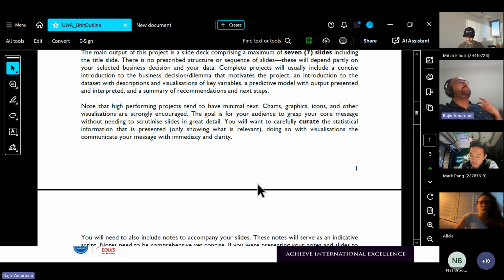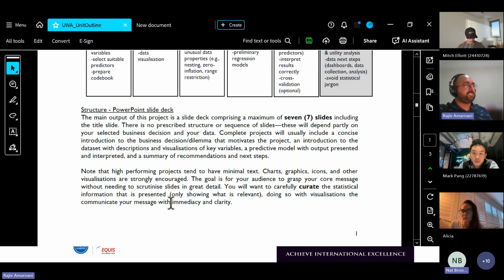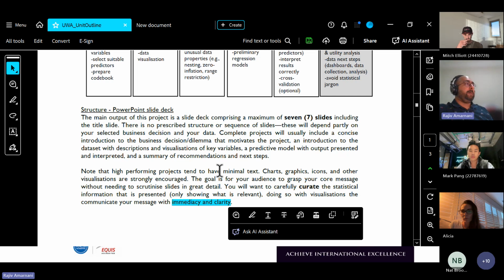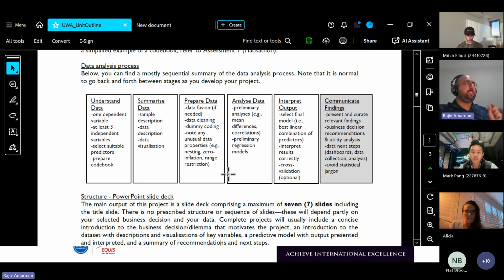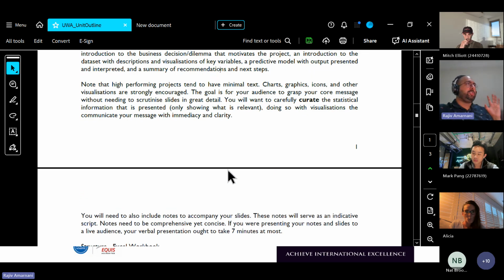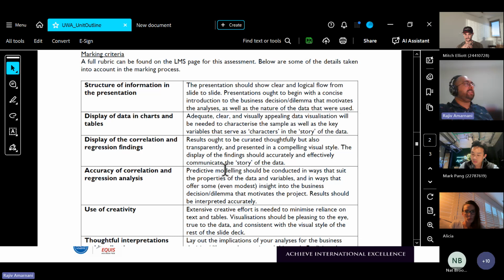You want to communicate what needs to be communicated with immediacy and clarity, as clear as possible. And because this is a presentation that has a managerial audience, you will want to curate the statistics that you show. You want to curate thoughtfully but transparently, expressing correlations in a way that makes it clear what is going on.